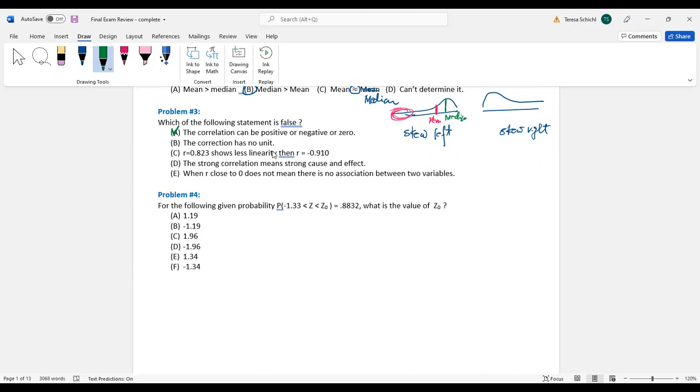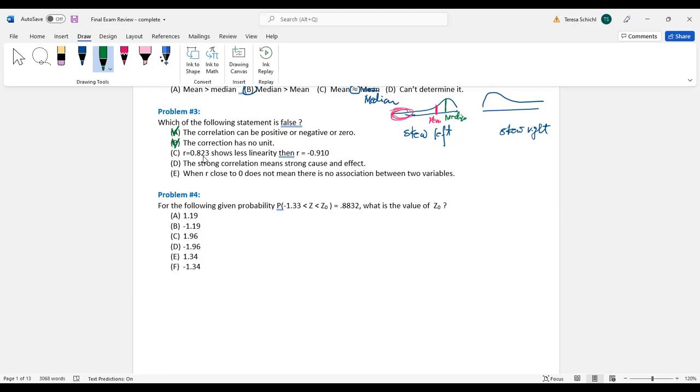Correct. We don't have something like 0.62 pounds of weight, those things. So correlation has no units. And the next one says r = 0.823 shows less linearity than r = -0.910.